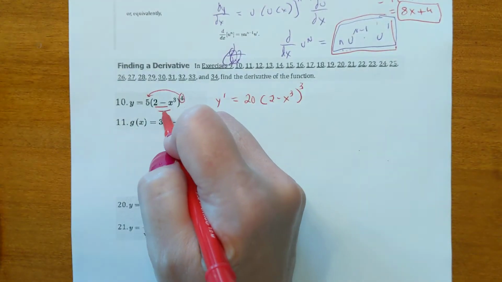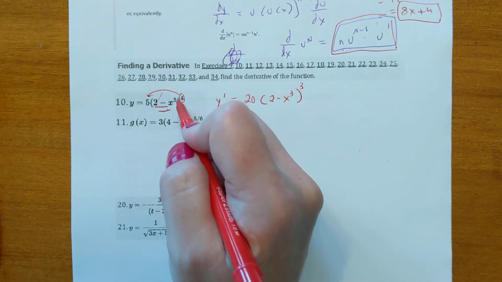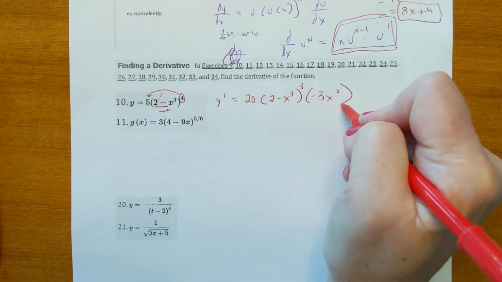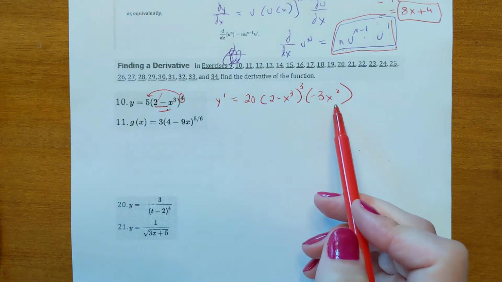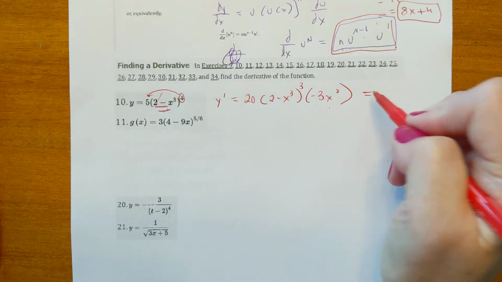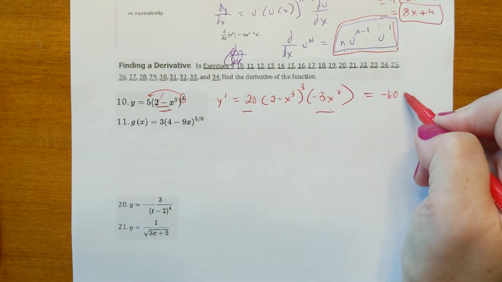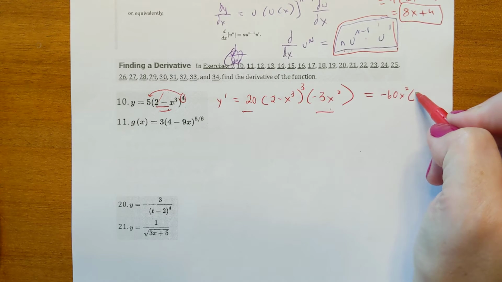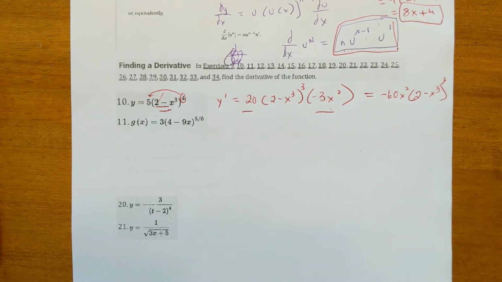Then take the derivative of the chunk inside here: the 2's gone, and bring the 3 in front, so the derivative of minus x to the third is negative 3x squared. Let's multiply these two together, so that would be negative 60x squared times 2 minus x to the third raised to the third.